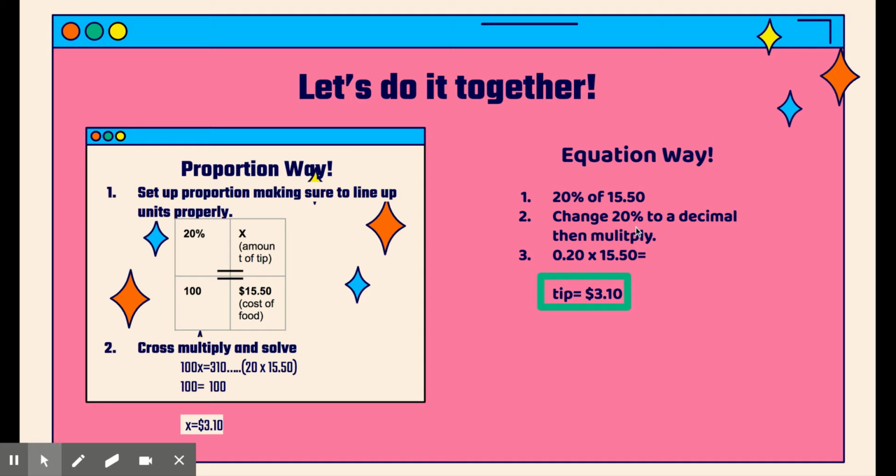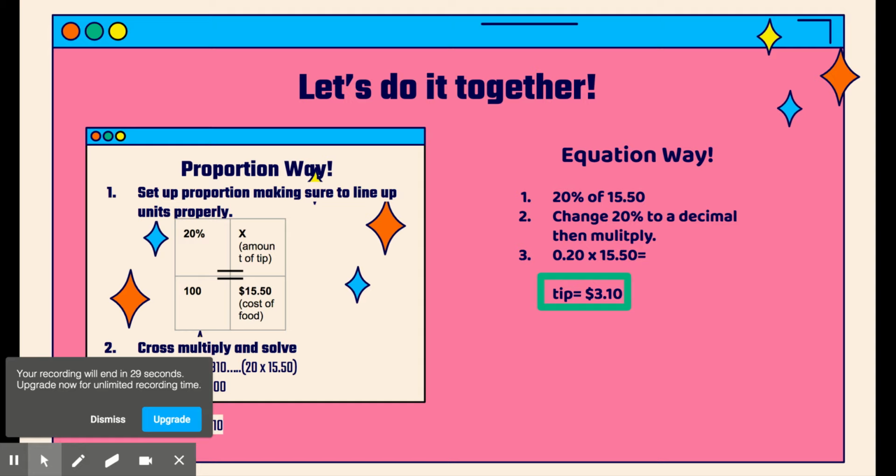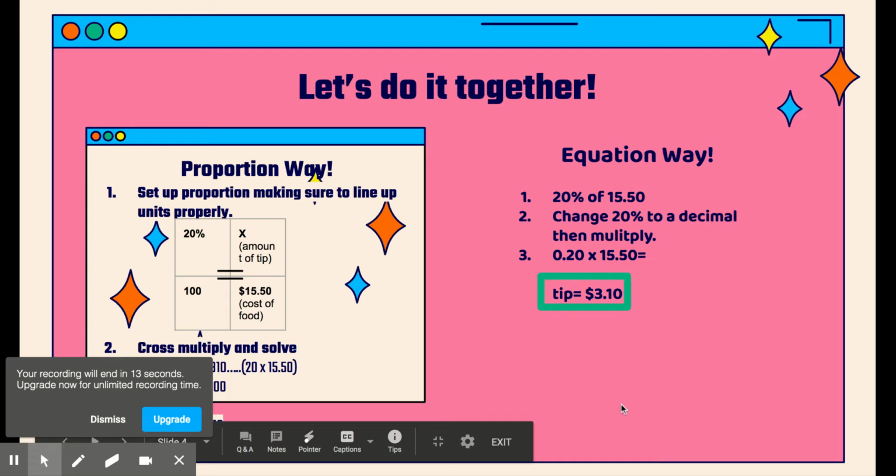Remember, to change it into a decimal, we have this imaginary point right here. We're going to move it 2 places to the left, okay? 1, 2. So now you have 20 hundredths times $15.50. And your tip will be $3.10.